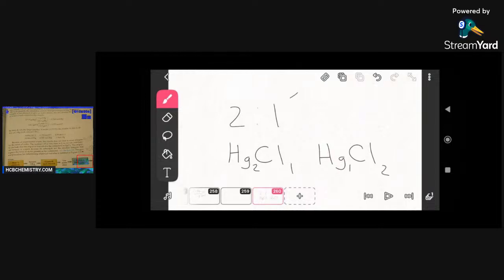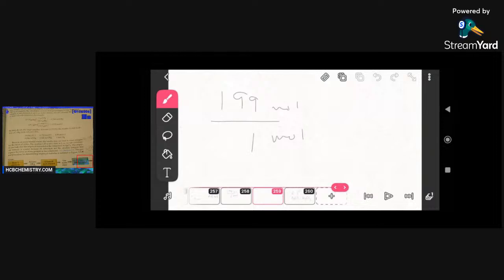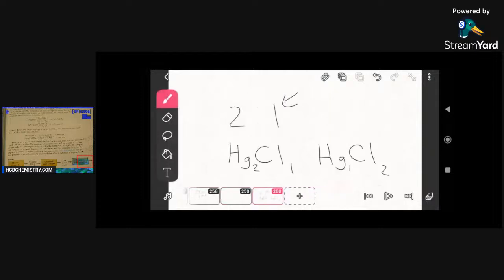The reason I lost is because I think I got my units wrong. Hg is 1. Yeah, okay, so Hg is 1. Okay, there you go. That's the proper units right there, okay?